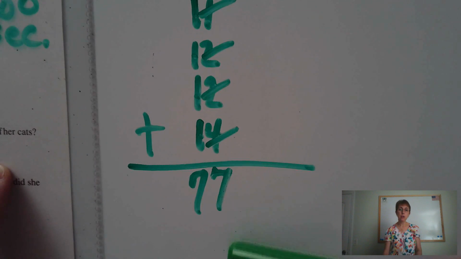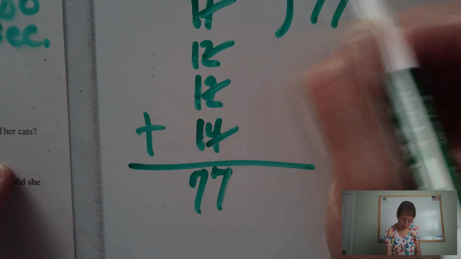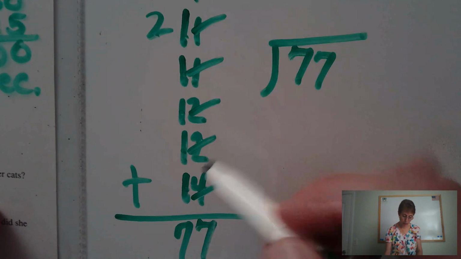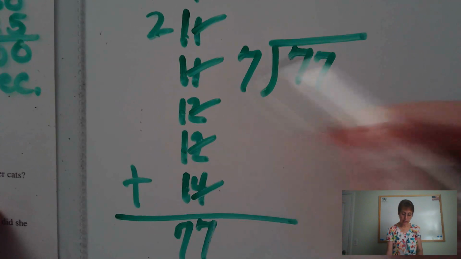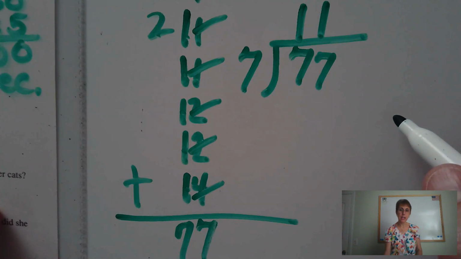Now, to figure out an average, you take your sum, you take your total, and you divide by the number of add-ins. In this case, we added up 7 amounts, 7 weights. And now we divide 77 divided by 7 equals 11.